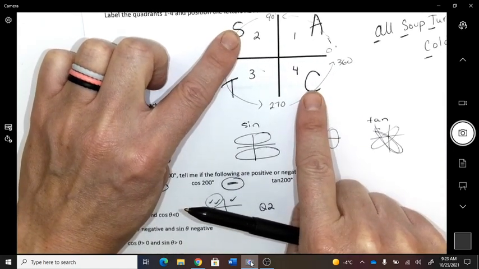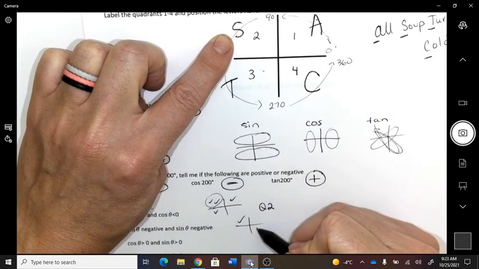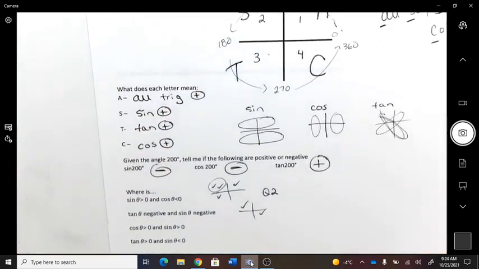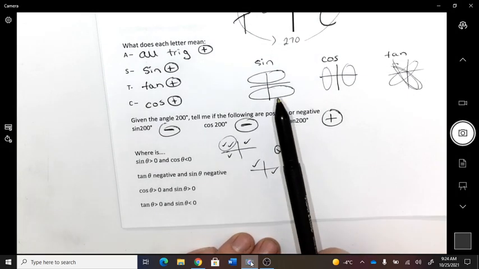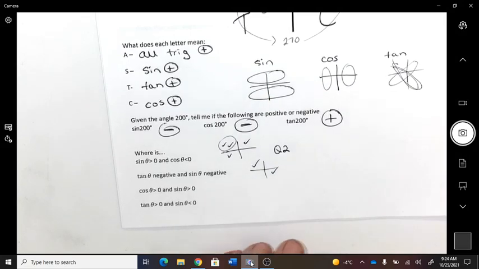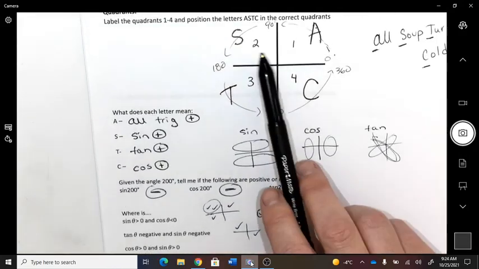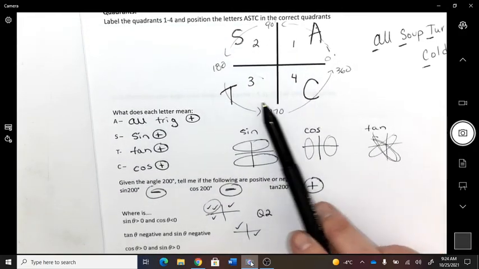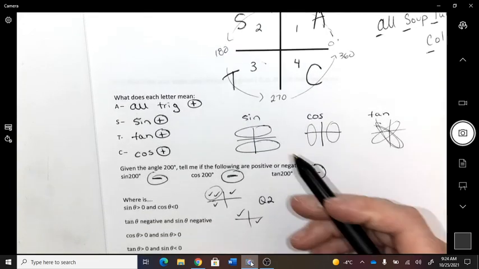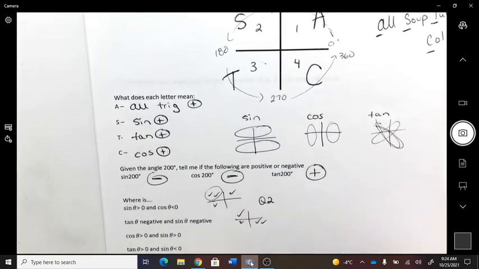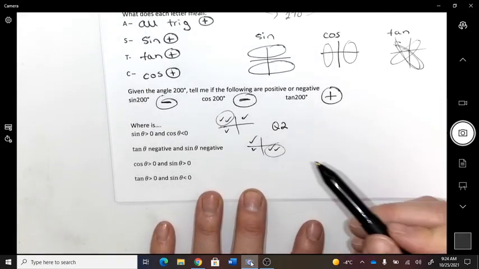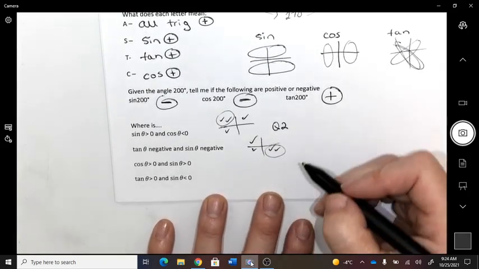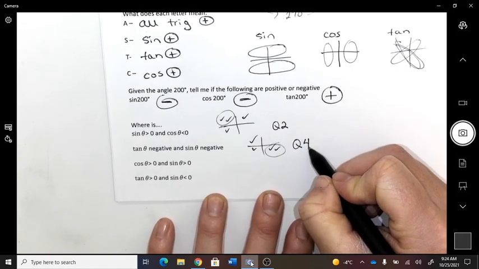The S and the C. So there's that. Where is sine negative? So my tip was to look top or bottom. So where is sine negative? The bottom, the T and the C. So which quadrant did both things happen? And that is called quadrant 4.